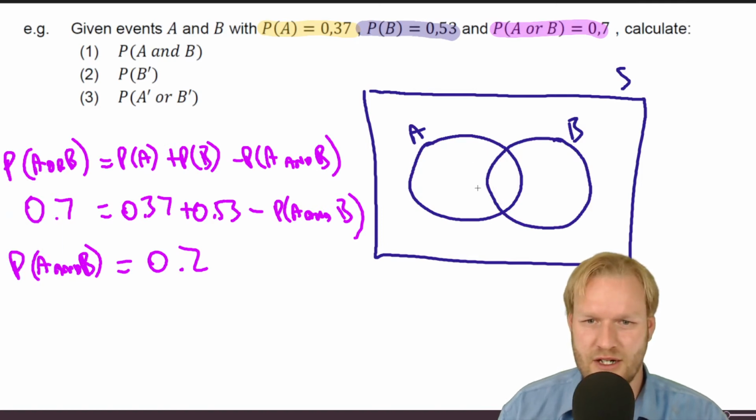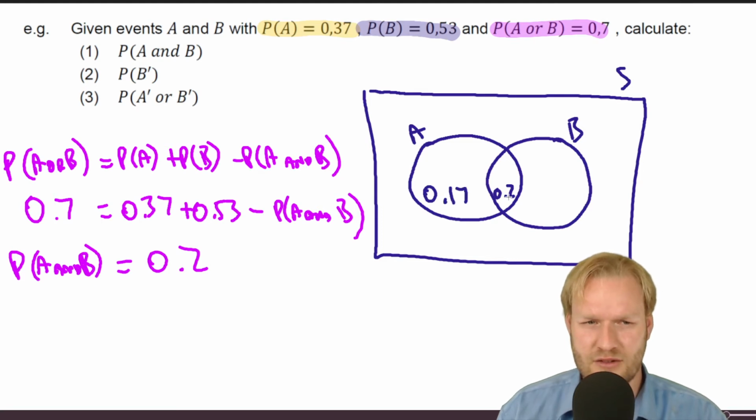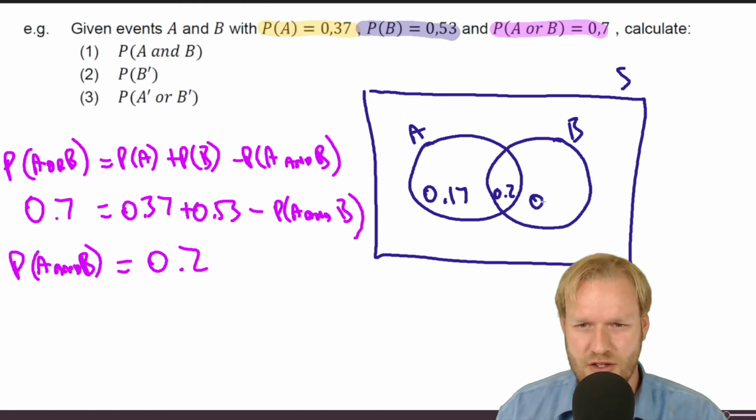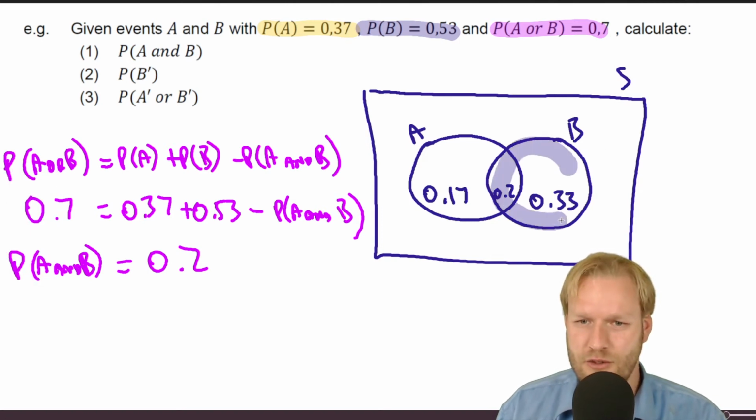Now, it's useful filling in our diagram over here. So let's put in our 0,2 that we worked out. Well, if that's 0,2 and the whole thing on the left here is 0,37, then this must be 0,17. Just pause and check: that whole A part is 0,37. And on the right-hand side, similar logic, this should be 0,33, because this whole bit over here is 0,53.